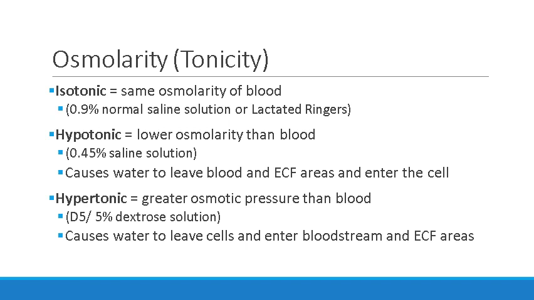So that's important in our nursing role. Usually isotonic solutions are used for rehydrating someone, especially someone that's been vomiting, having diarrhea, or hemorrhaging. And they are always used when giving blood products, always using that 0.9% normal saline.